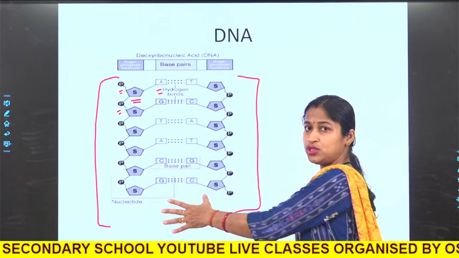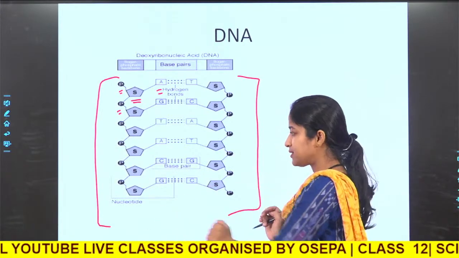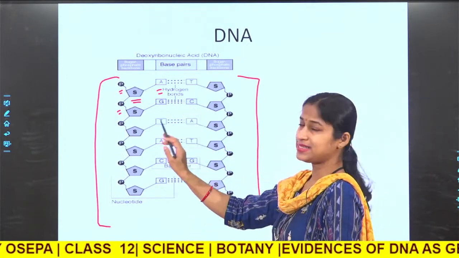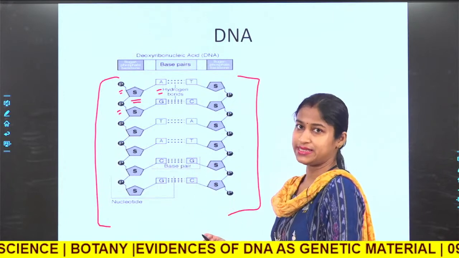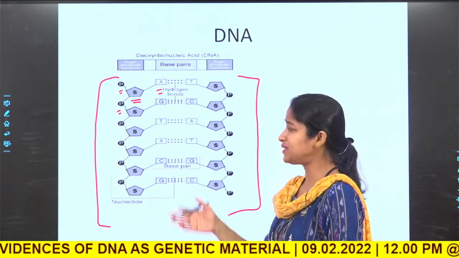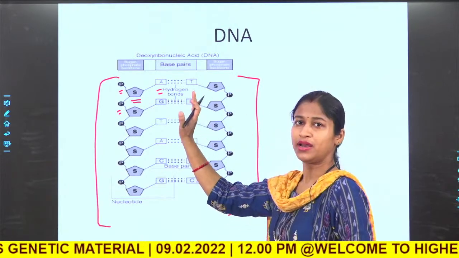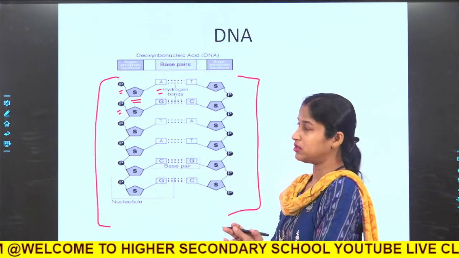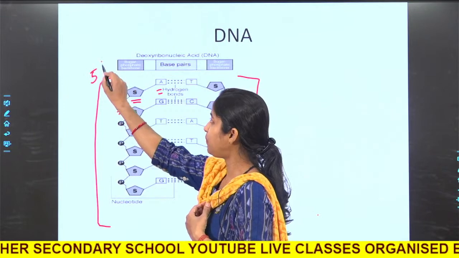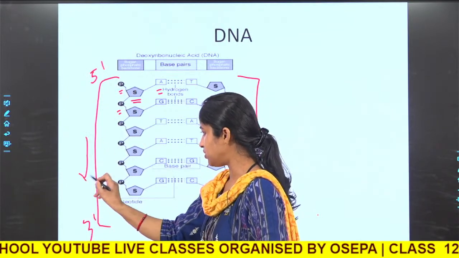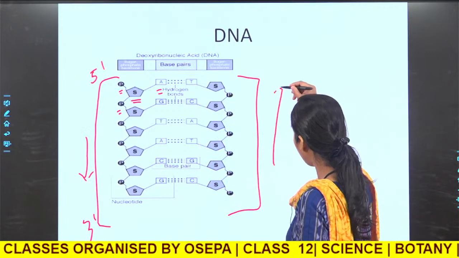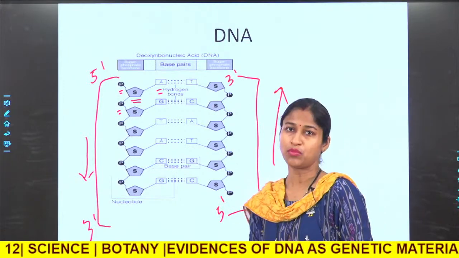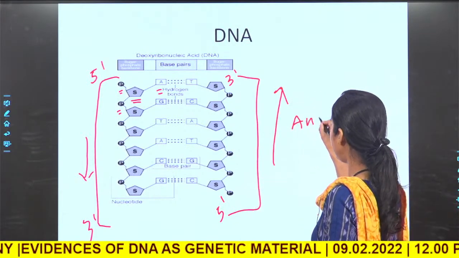In the DNA molecule, two polynucleotides are present which form complementary base pairing between A and T and C and G, or T and A or G and C. Whatever the nitrogenous base sequence may be, accordingly another complementary polynucleotide is created and they form complementary base pairing with each other. One strand runs from 5 prime to 3 prime in this direction, whereas the other strand runs in the opposite direction from 5 prime to 3 prime. That is why DNA molecules are called anti-parallel in nature.